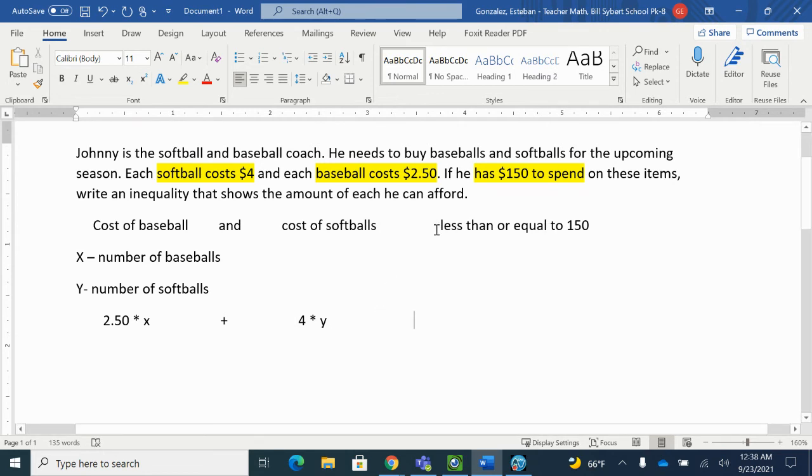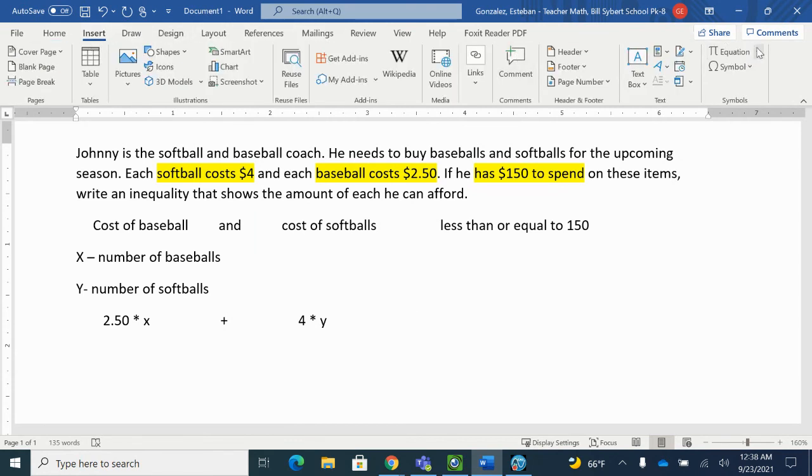Now, what do we know here? Well, we know that he has up to 150 to spend, right? Can he spend 151? No. Can he spend 150? Yes. Can he spend 149? Yes. So that is how here we have to be very careful with our verbiage and our inequality. So in this case, I'm going to write the inequality.